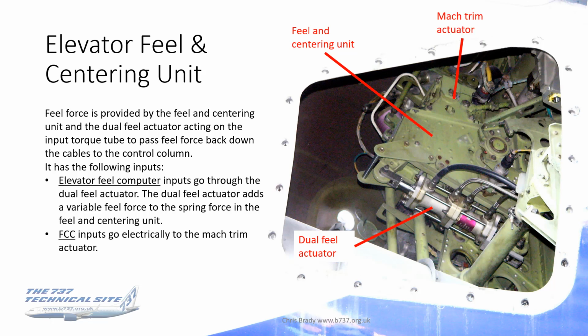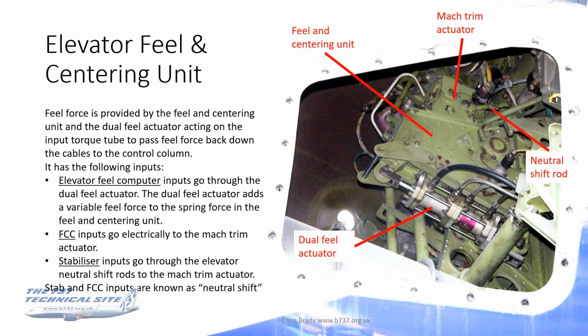The next input is from the flight control computer, and these inputs go electrically. So it's one of the few things on this whole system that isn't mechanical. It gets electrical inputs from the flight control computer, and they go directly to the Mach trim actuator, which sits on top of the feel and centering unit. And the last input is from the stabilizer.